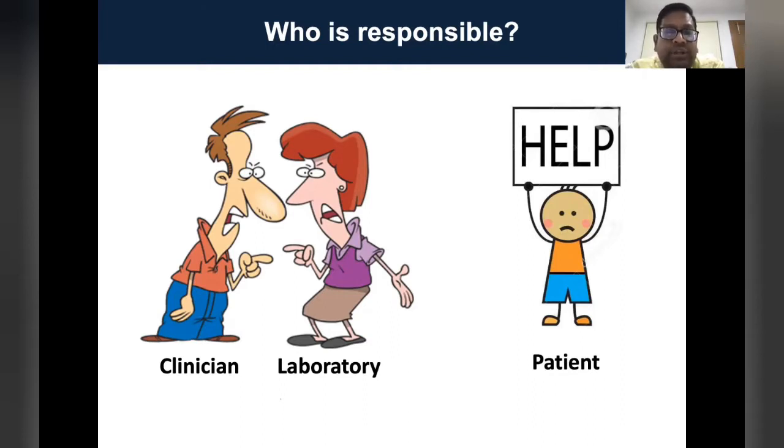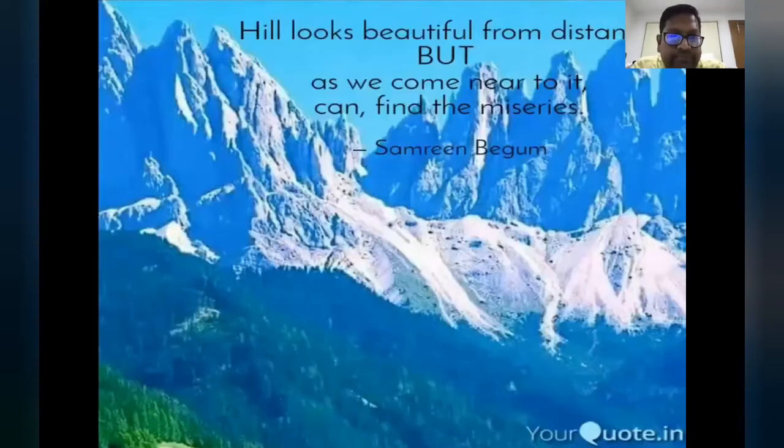It is our duty to be aware of the pitfalls in coagulation and give the best service to our patient. It has been rightly said that if you look at a mountain from far away, it appears very beautiful, but if you go near, you find the miseries of the mountain.